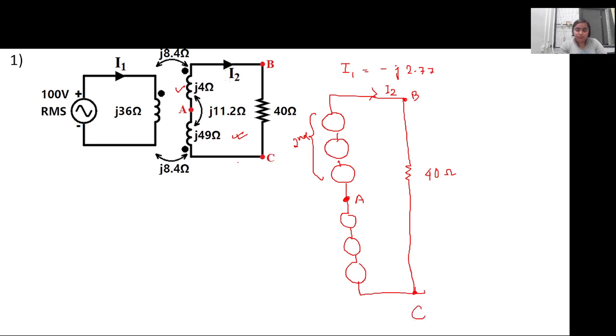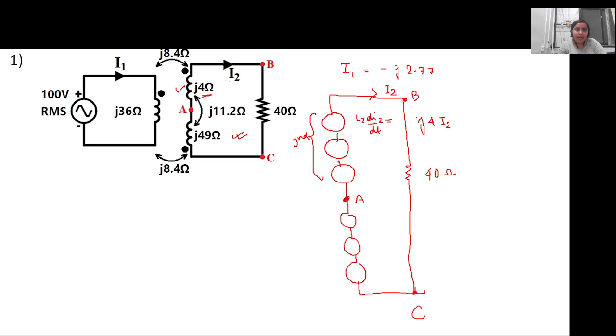Now tell me, let's start with the second one, how the voltages will be. For the self inductance, it will be L2 di2/dt, which is given as j4 ohm, so it is j4 I2. Now how will the sign be?